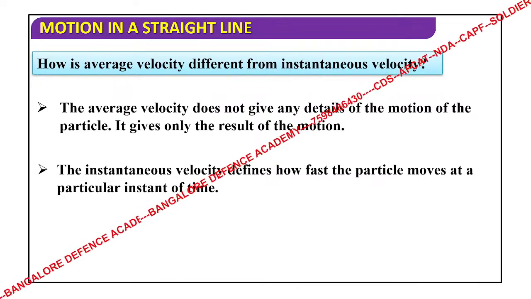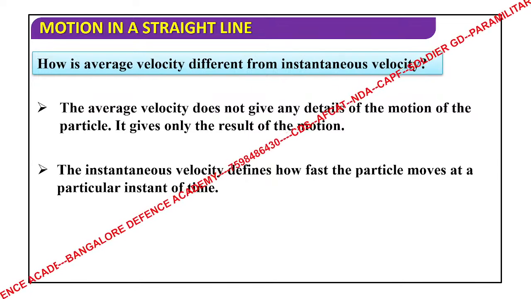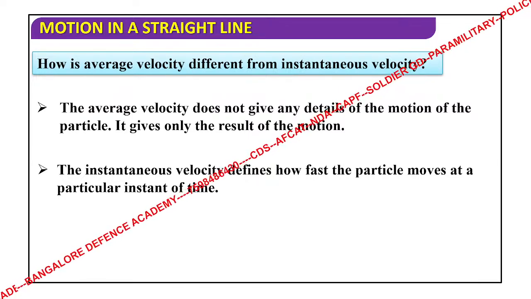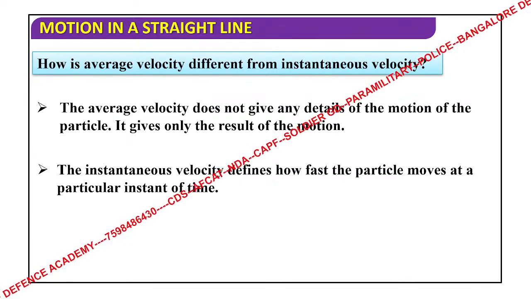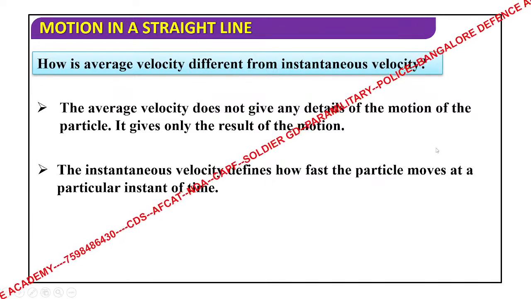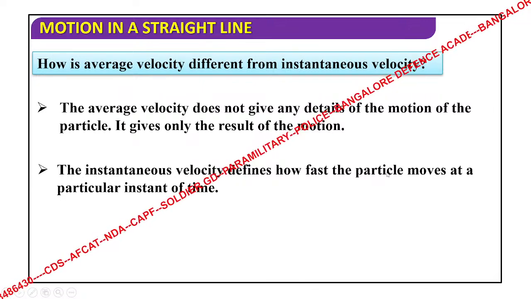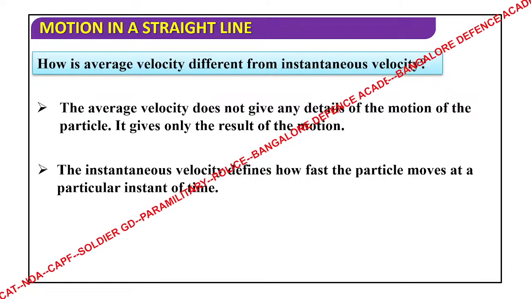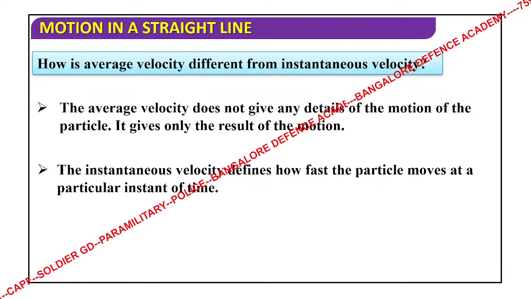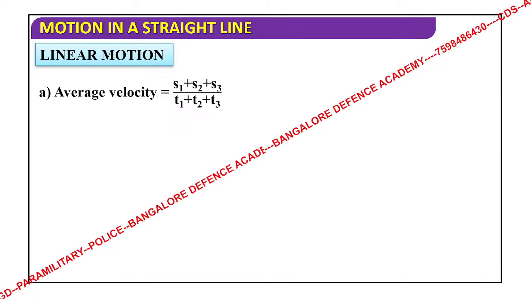I gave you an example that if you are traveling from Bangalore to Chennai, if I ask you at 10 a.m. what is your speed or what was your velocity, that is called instantaneous velocity.